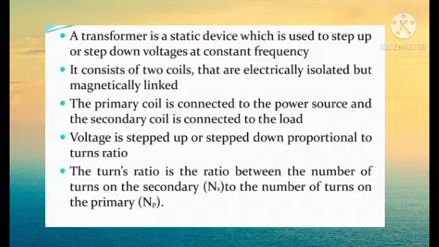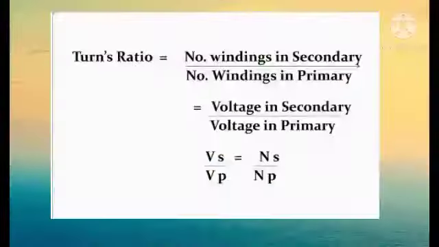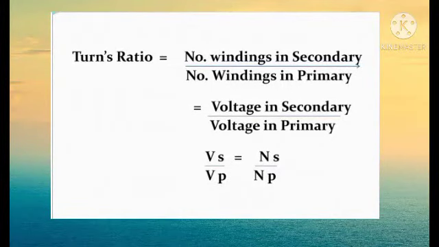The turns ratio is the ratio between the number of turns on the secondary winding to the number of turns on the primary winding. The number of turns in the secondary winding is denoted by Ns and the number of turns in the primary winding is denoted by Np. Let's see how to find the turns ratio.